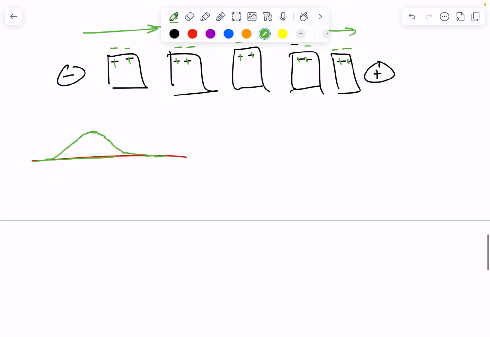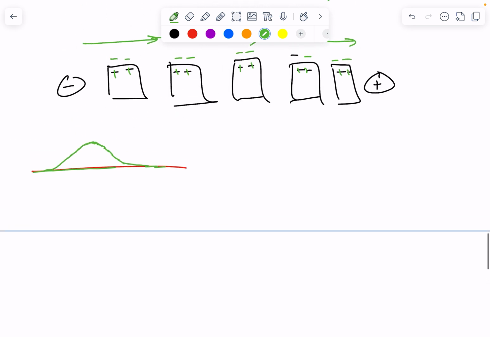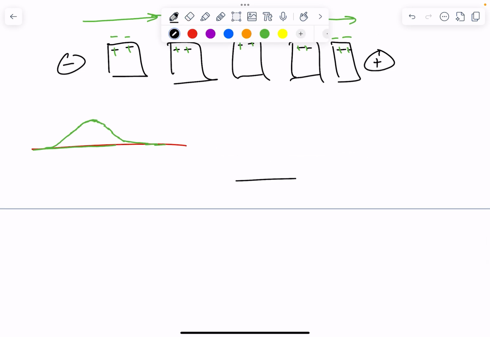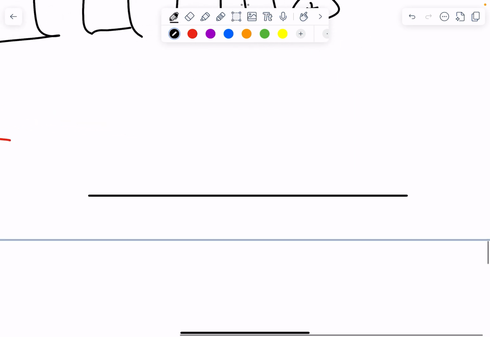And so what we get from that is something that most everybody has seen, the standard EKG. This is the baseline. The standard EKG looks like this.